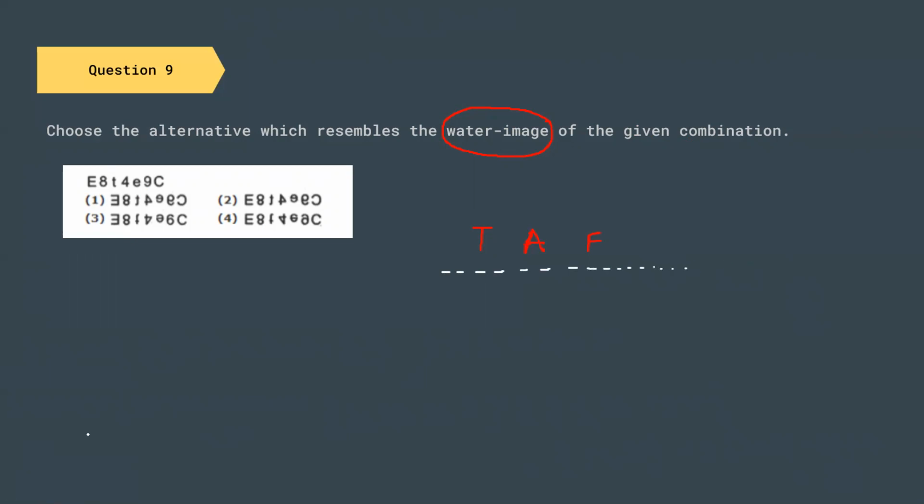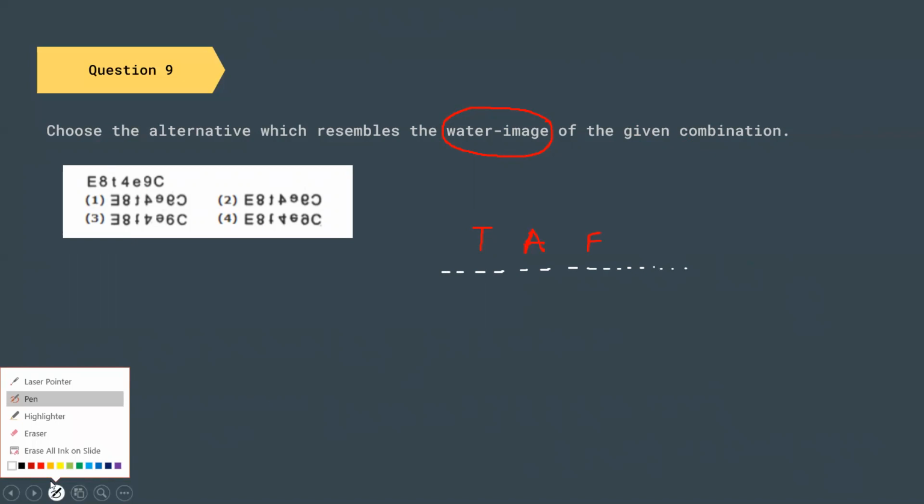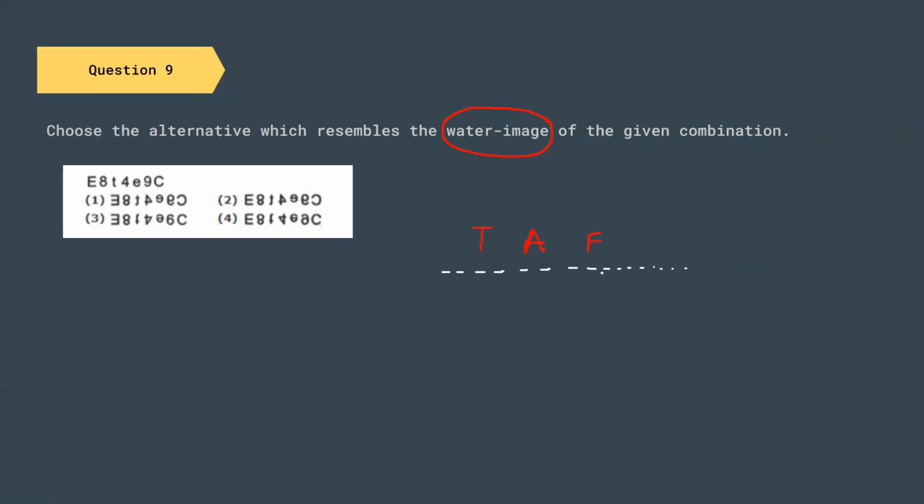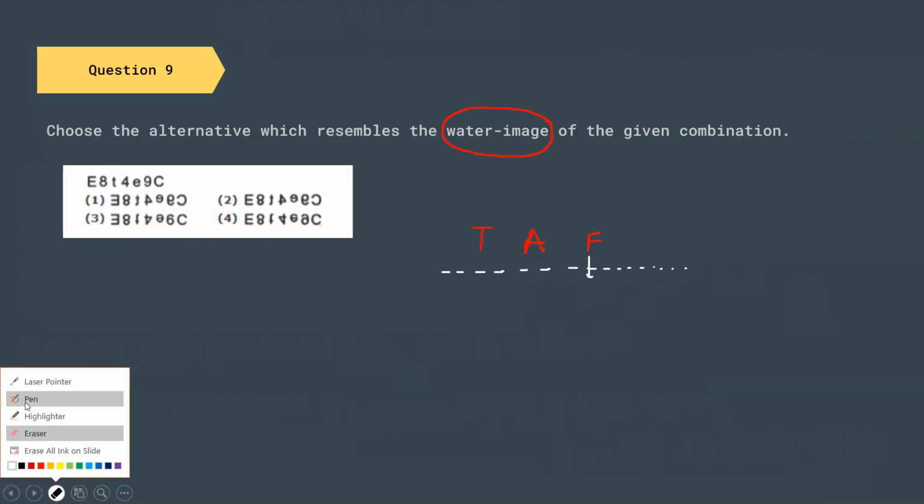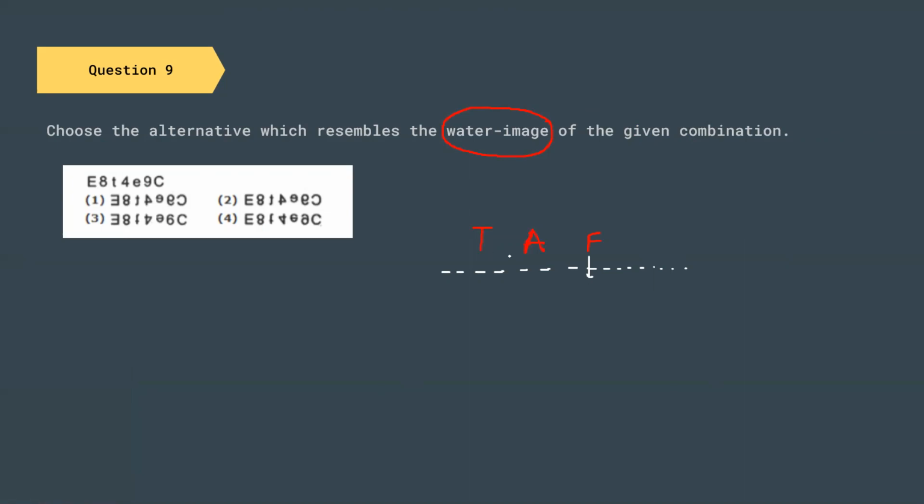Fine. So what happens is that this F will be reflected here. This F will be reflected here, A will be reflected here, and T will be reflected here.